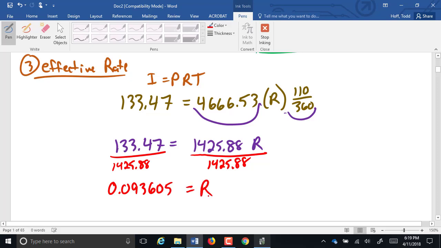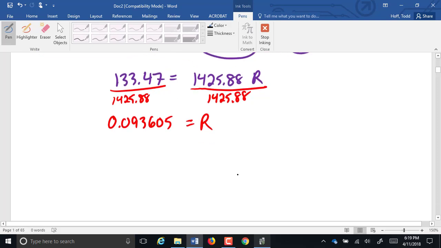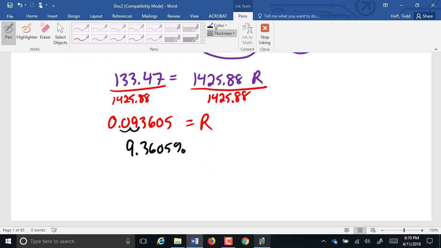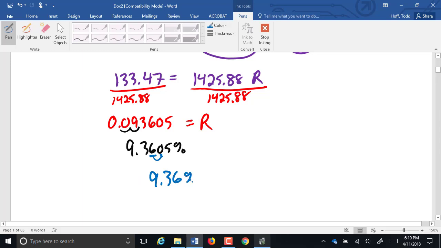You can get quite a bit different, yes. If you just use the 1425.88, it will be significantly different. So now we move our decimal point 2 spots to make this 9.3605%. Where are we rounding it? Hundredths place, that's the 6. The 0 says it stays 9.36. 9.36%.